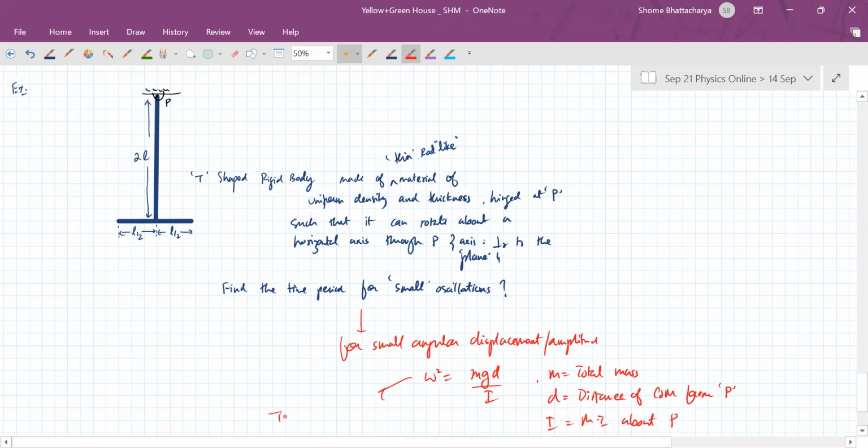Okay, so time period is just 2 pi by omega, then given by the relation.